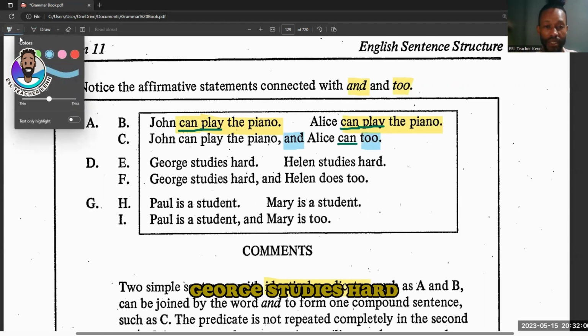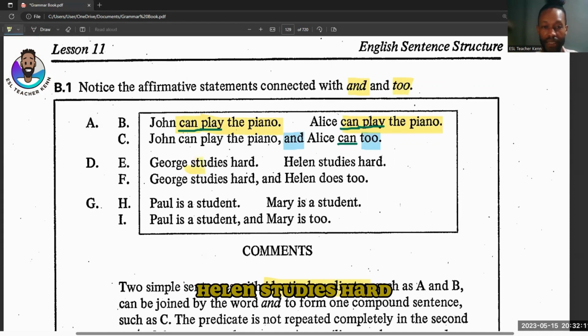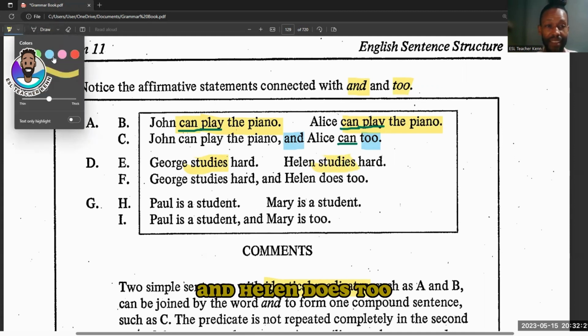George studies hard. Helen studies hard. George studies hard and Helen does too.